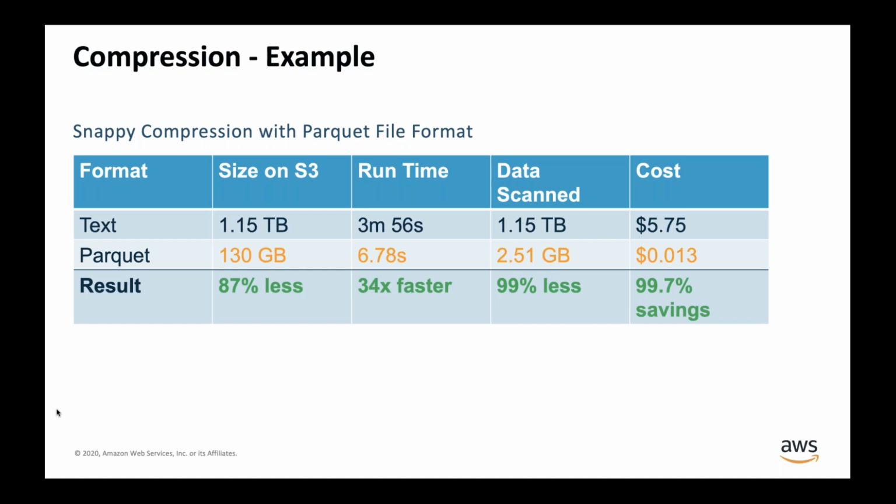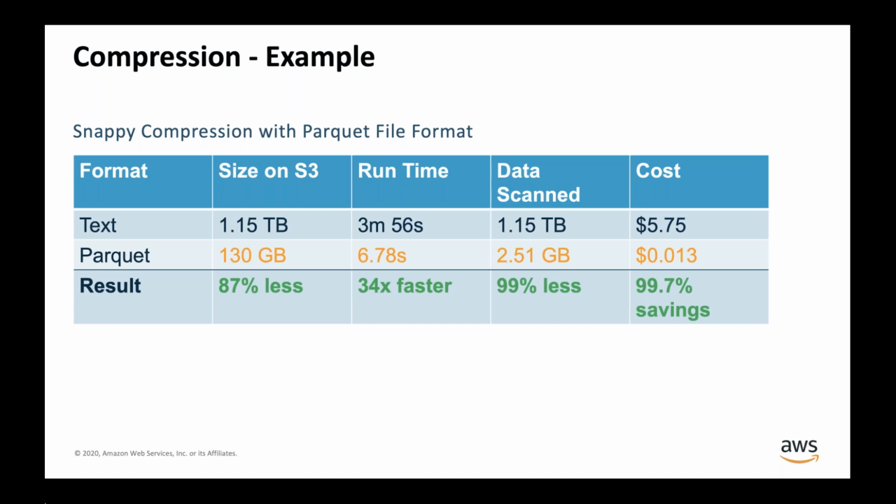Even though that's not very much money, you can imagine that at scale or with continuous processing, that's really going to add up. If we were to take that same file and change the file format to a Parquet file, and then use Snappy compression on top of that, the size will come out to about 130 gigs. So that's almost 90% less than the raw text format.